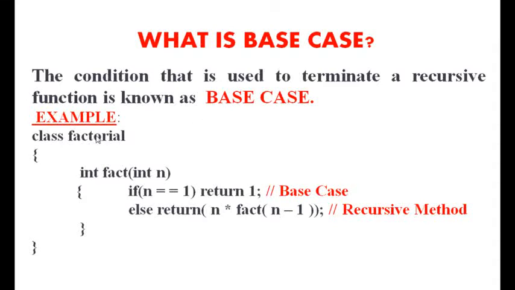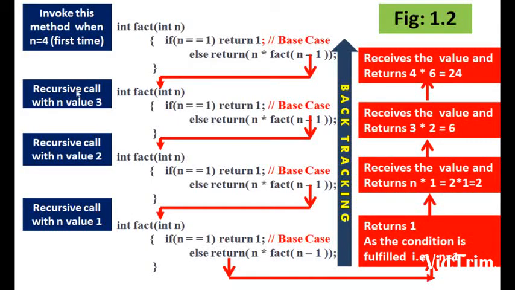Here is a Java code for finding the factorial of a number. Let us see the next screen for better understanding of the same Java code. See the screen, figure 1.2, very nicely and don't let your attention go anywhere else. For the first time, you invoke the fact method with n value 4.